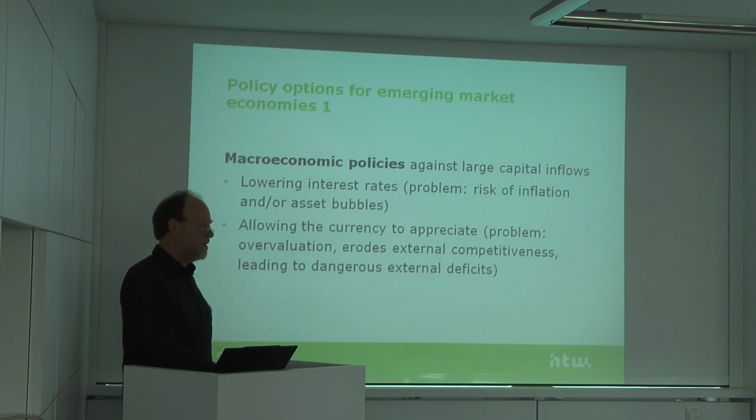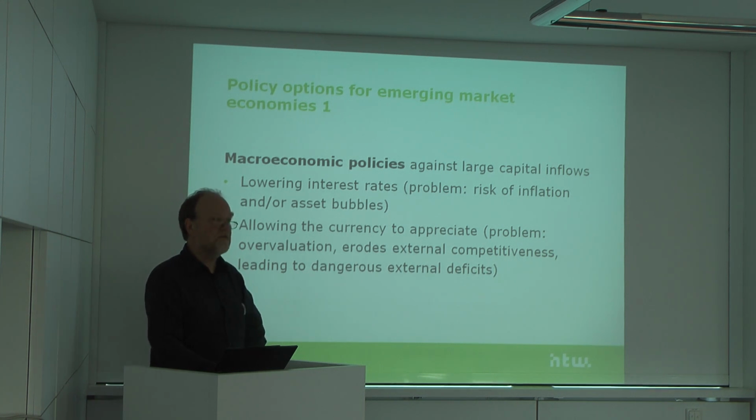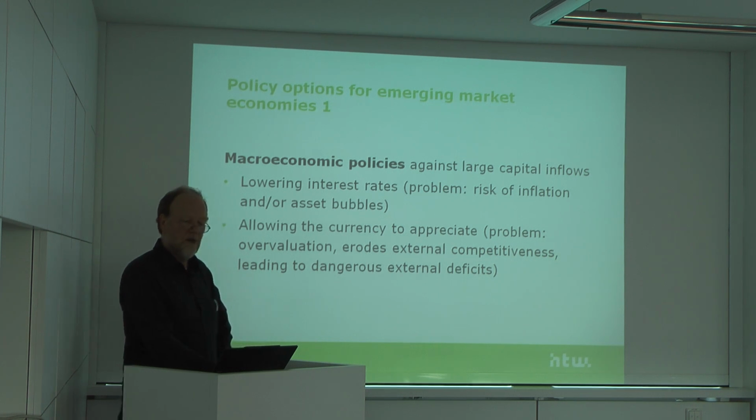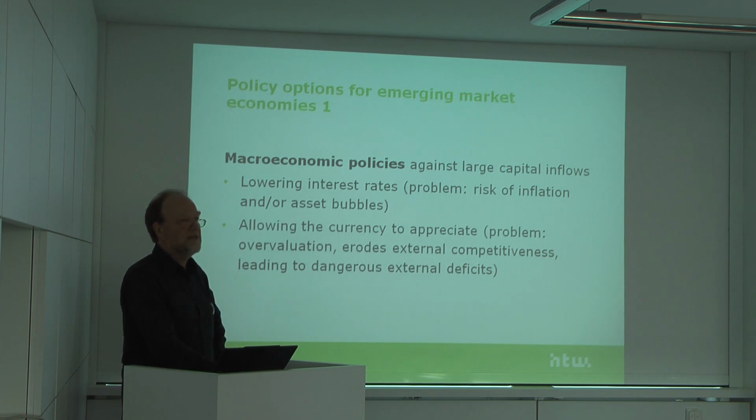What are the possible policy answers to that discussed? The first, what normally is proposed here, is that macroeconomic policy should react to that. Macroeconomic policy should try to stop, or at least lower, capital inflows. What can be used here? Lowering interest rates.